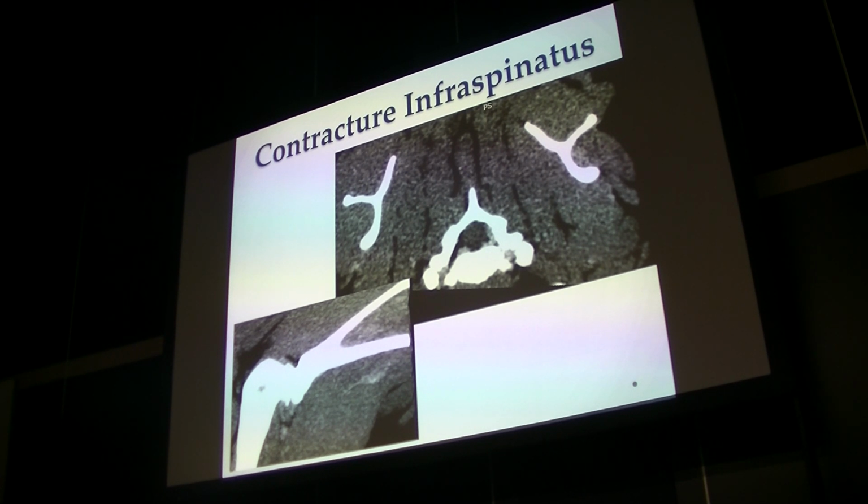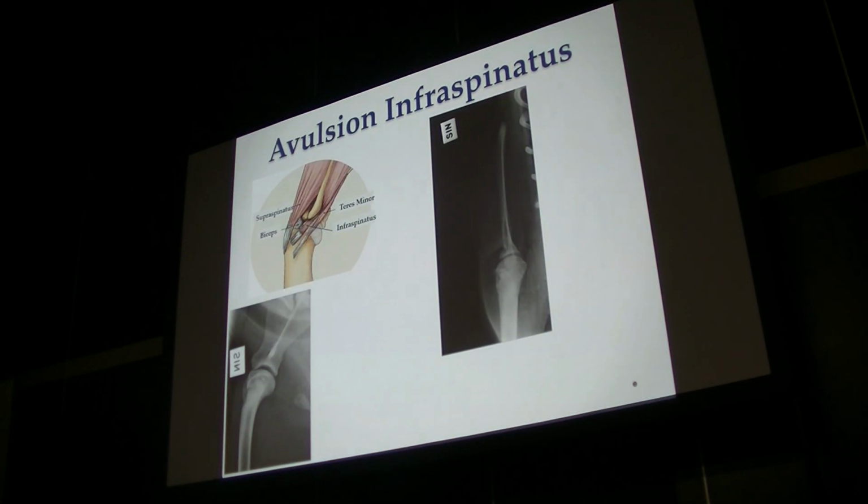And also on the sagittal reconstructed image, so in this plane a reconstruction is made, we see the hyperdensity, the uptake of contrast at the level of the contracture. So an avulsion of the supraspinatus is also not so obvious to pick up, or at least you have to know where you have to look.